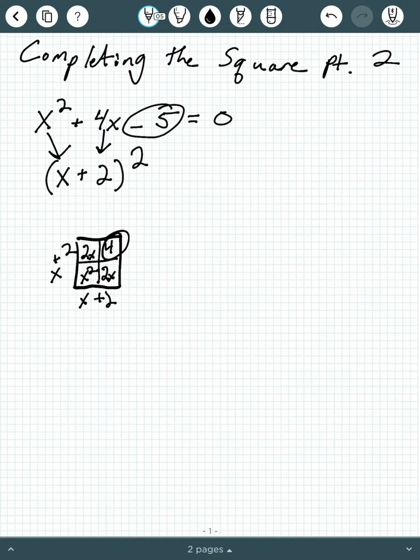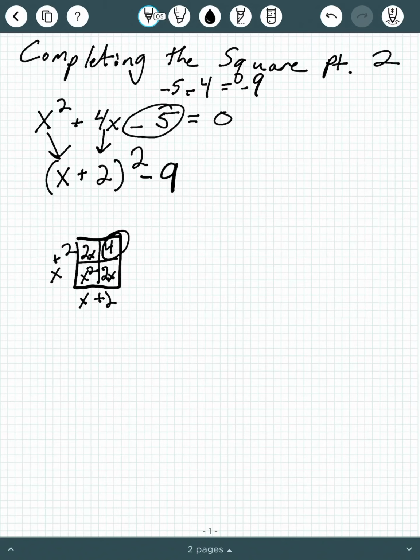So since I have positive 4 already in x plus 2 squared, but I was supposed to have negative 5, I have to think, okay, how do I go from positive 4 to negative 5? I subtract 9. Another way you could arrive at that negative 9 would be to do this minus 5 minus 4. So you can always do that.